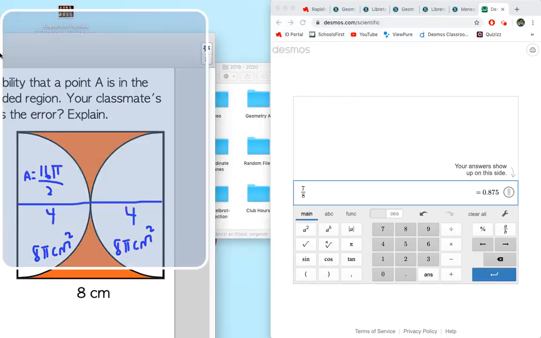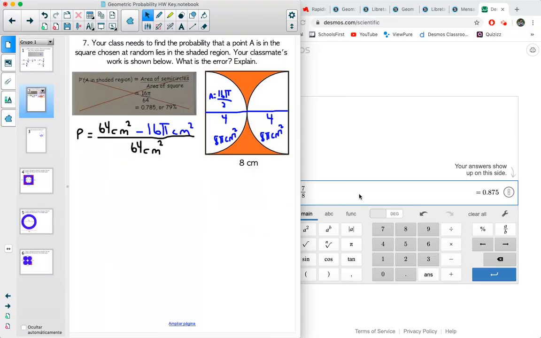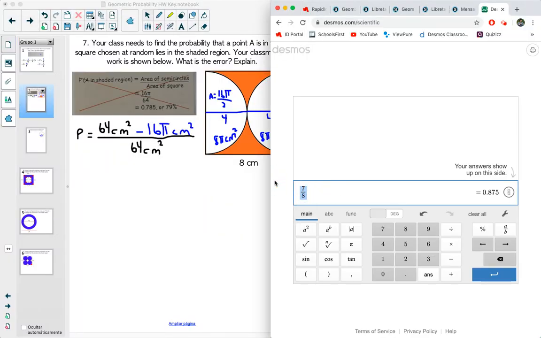Okay. For the percentage or the decimal, we want to use decimals. So we're going to do 64 minus 16 pi, and the whole quantity, this difference, I'm going to put in parentheses, is divided by 64.